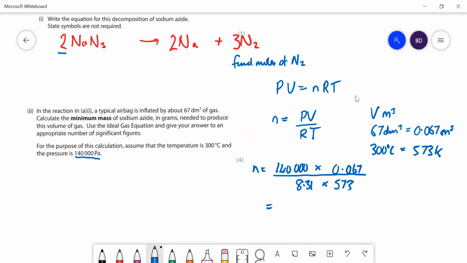Put those numbers into a calculator. So that is 1.97 moles of gas.